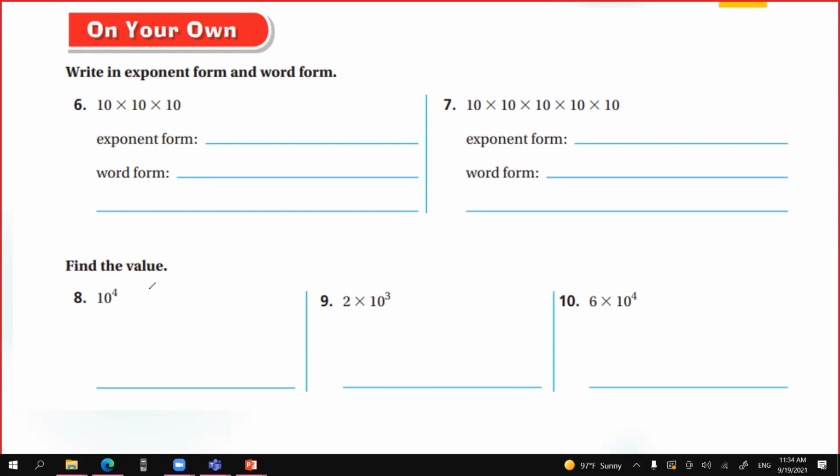Now number 8 with Ragad. Yes, Ragad, are you here? Yes, Ragad. Lamia. Yes, Lamia. 10 to the power 4.